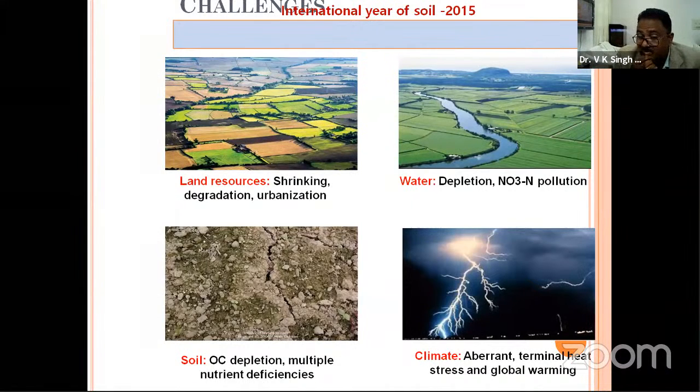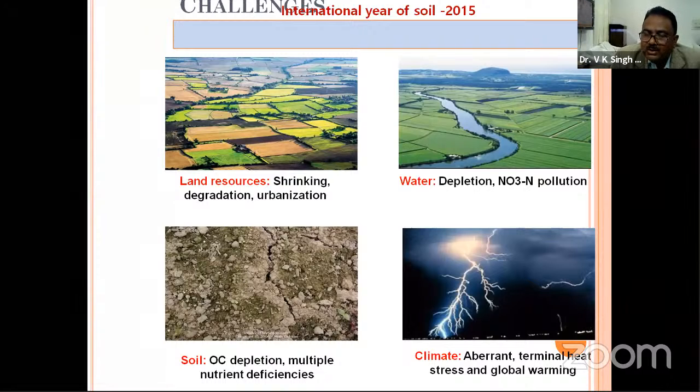And ultimately, the new challenge that we have talked about many times is climate change. Climate change is one part, but why is it happening? Mostly we talk about carbon dioxide, but the potential of GHG emission of nitrous oxide is much more than carbon dioxide.